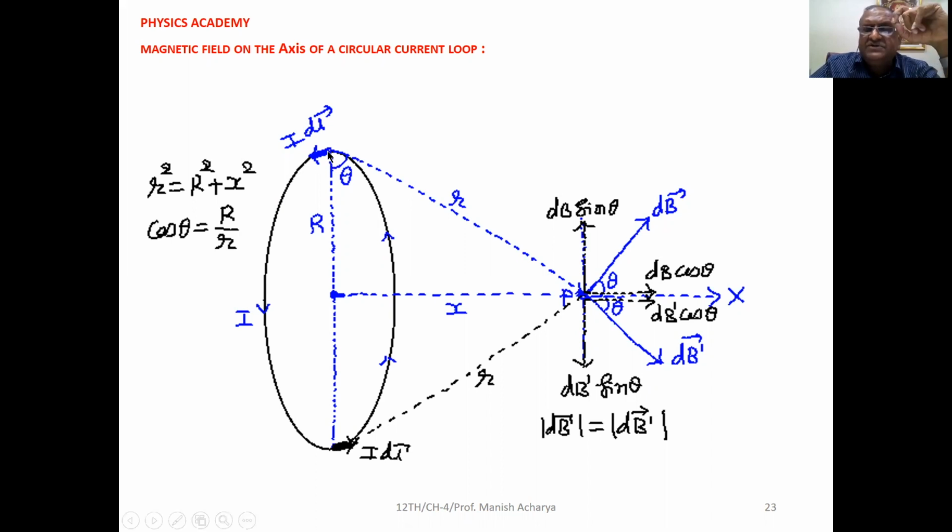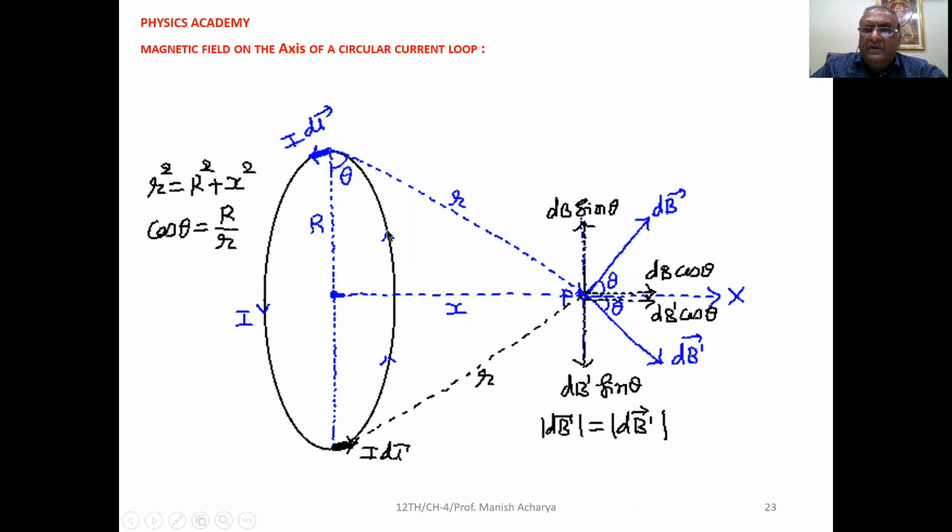So let's first take only one current element, and that is this current element IDL. And due to this one, let's calculate the magnetic field at point P. Suppose point P is at a distance r from the current element.